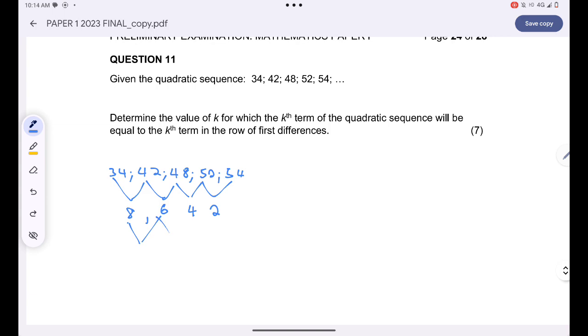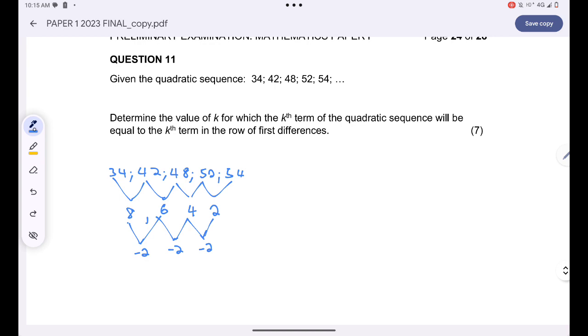Now I can find the second difference of my quadratic sequence, which is common. 6 minus 8 is negative 2. 4 minus 6 is also negative 2. 2 minus 4, I also find a negative 2.